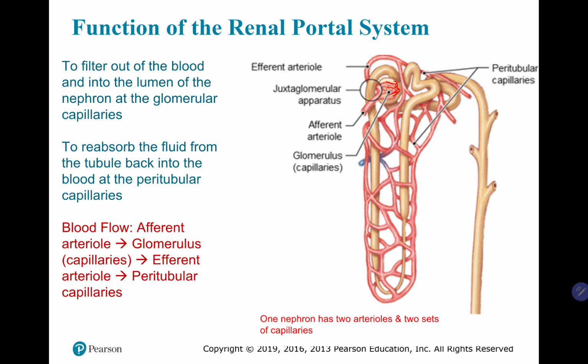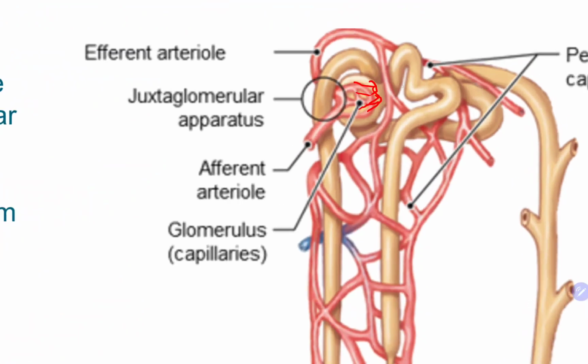So even right here, let me zoom in right here, at the proximal convoluted tubule, that fluid went into the Bowman's capsule, now it's in the proximal convoluted tubule, and then one of the other functions is reabsorption. Whatever gets filtered out, not everything, but certain things will get reabsorbed back into the blood at the peritubular capillaries.